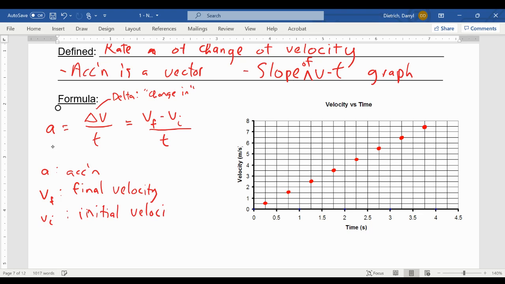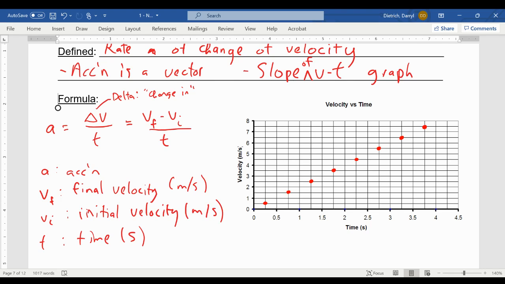Then of course time on the bottom is t, and we generally talk about that in seconds. Velocity is in meters per second; those are the units that we use to talk about velocity.